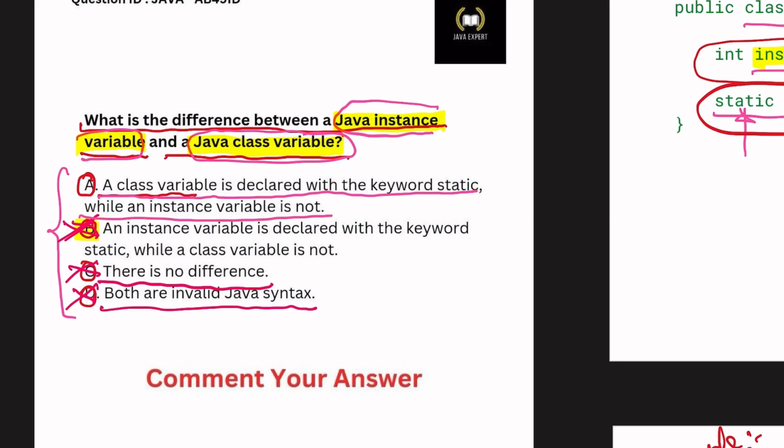Option A is correct because a class variable is declared with the keyword static while an instance variable is not. This directly matches the definition of these variables. So that is why option A is correct. Let me write here: option A is correct.